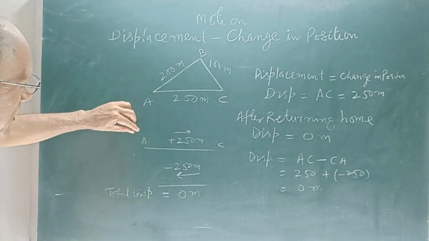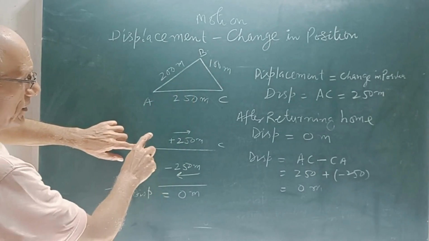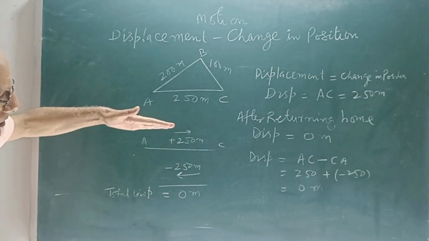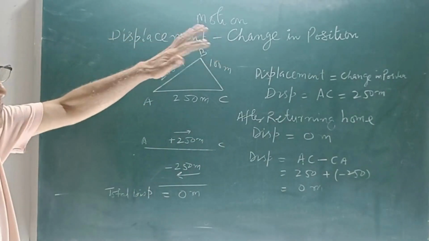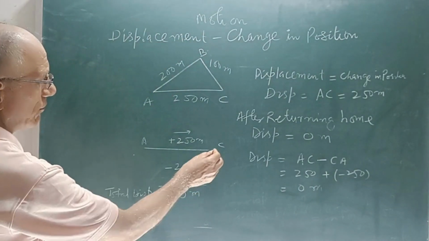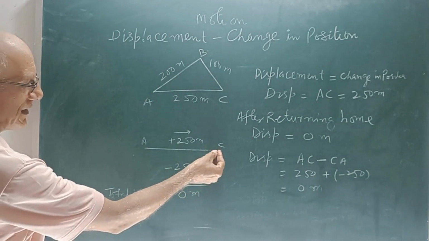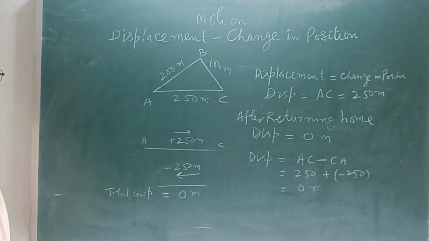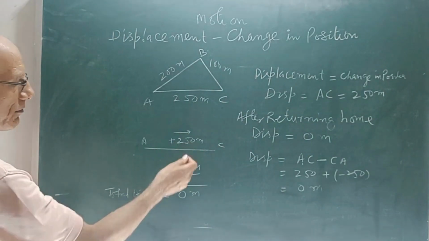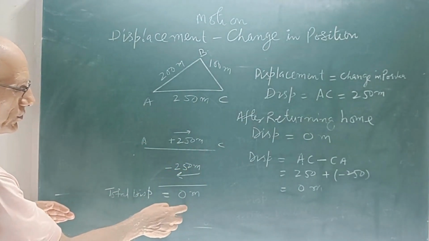You can understand that when he goes from A to C, either this way or any other way, the displacement was positive, 250 meters. And when he returned, the displacement is CA, that is minus 250 meters. So the total displacement is the sum of these two, plus 250 minus 250, which is equal to 0 meters.